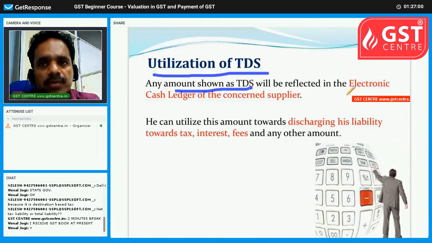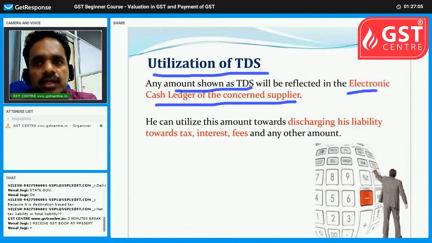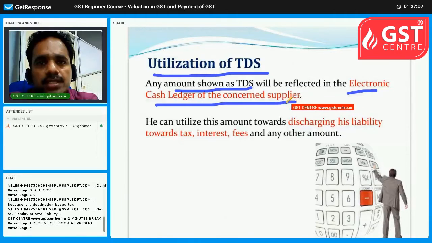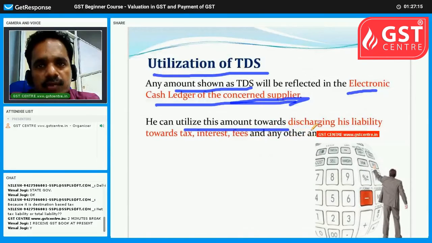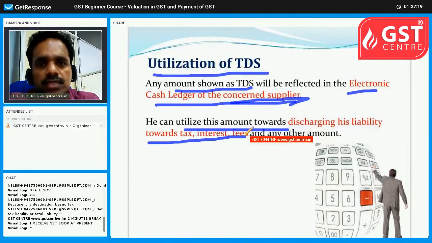Then utilization of TDS. Any amount shown as TDS will be reflected in the electronic cash ledger of the concerned supplier. That is important: it will be shown in the cash ledger of the supplier from whom that TDS amount was deducted. Then he can utilize this amount towards discharging his liability towards tax, interest, fees or any such other amount.